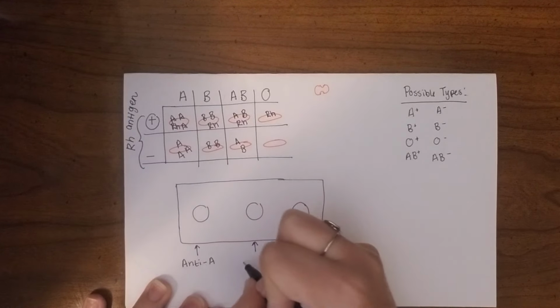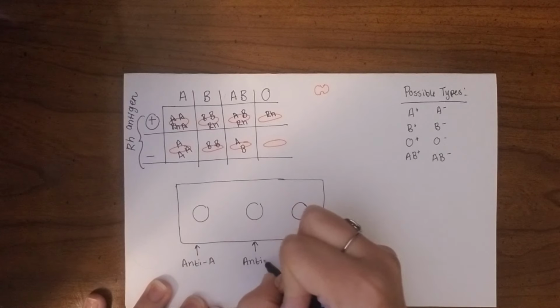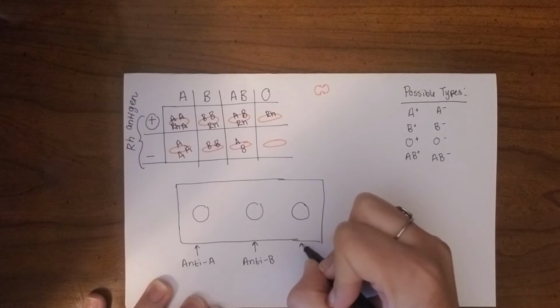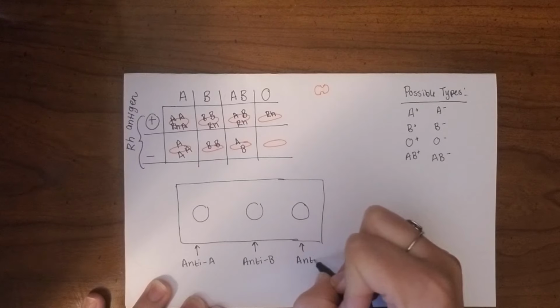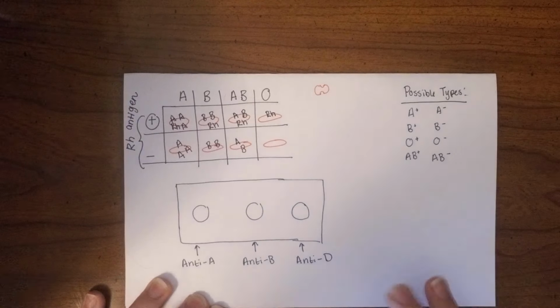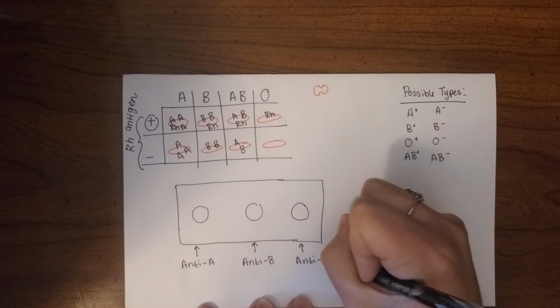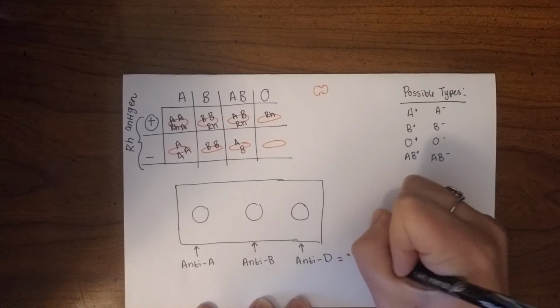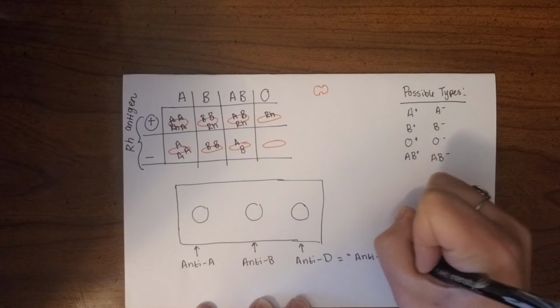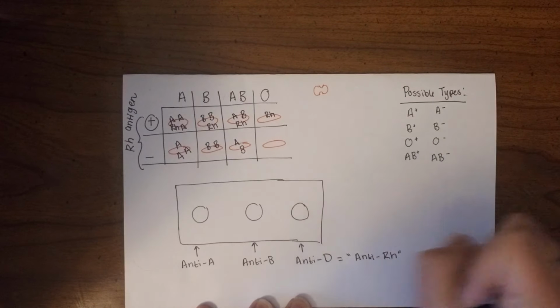This guy is anti-B. And this guy is where we place anti-D. Okay, so on the blood typing card in class, this said anti-D. For all intents and purposes, you can think of this as anti-Rh. It is the same thing. It's just a different way to call it.